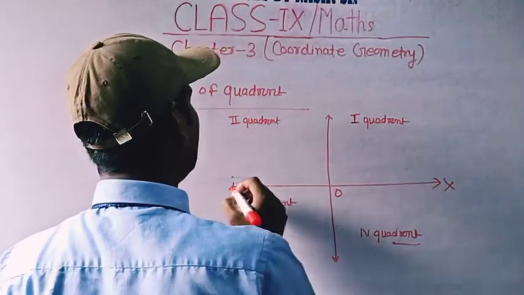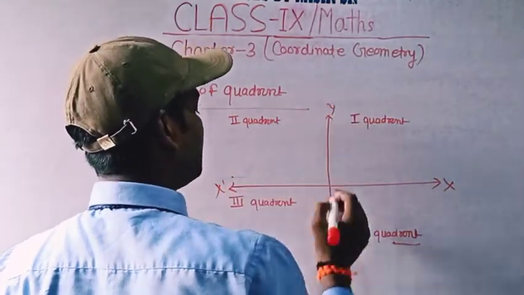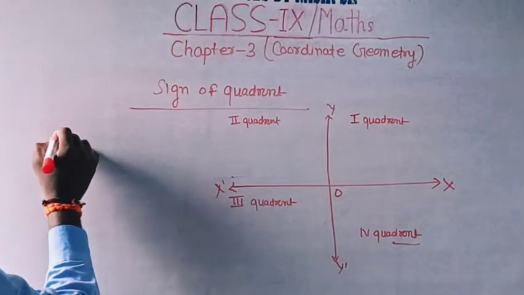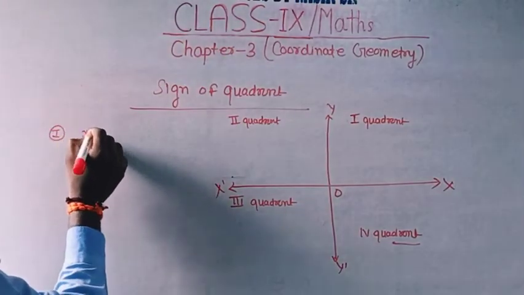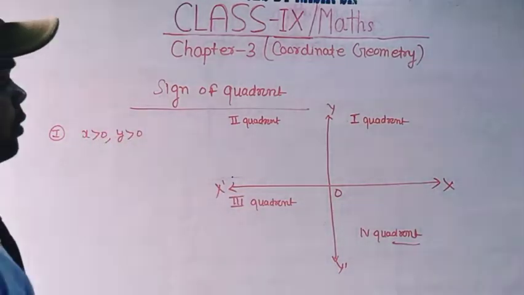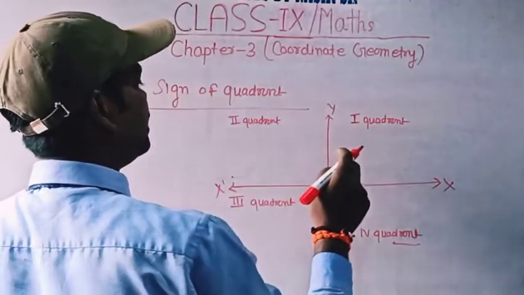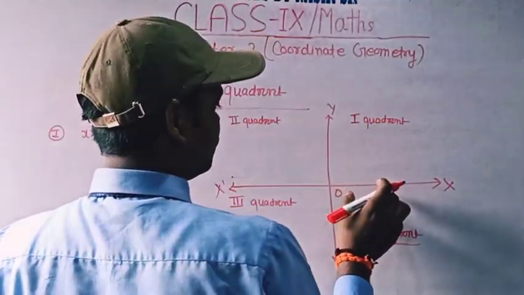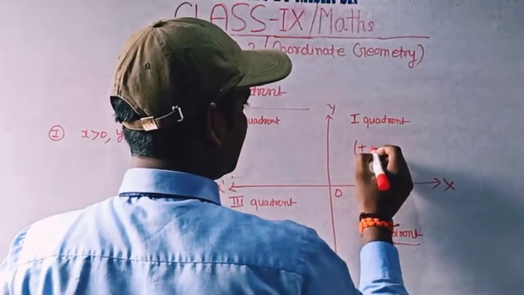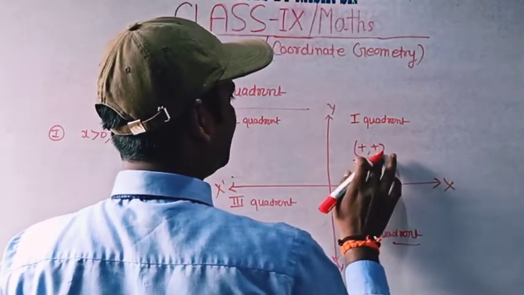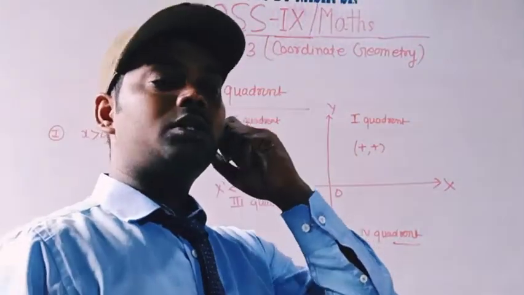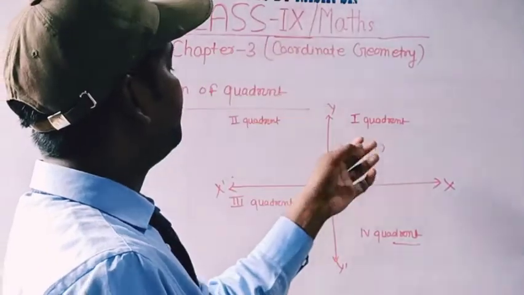X, O, X', Y, Y'. If x is greater than 0 and y is greater than 0, this represents the first quadrant. In the first quadrant both coordinates are positive, so we represent positive ordered pairs in the first quadrant.